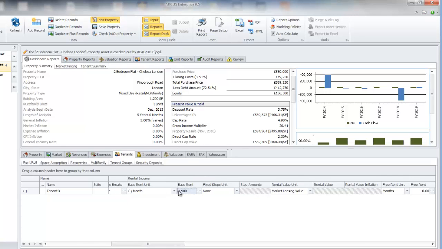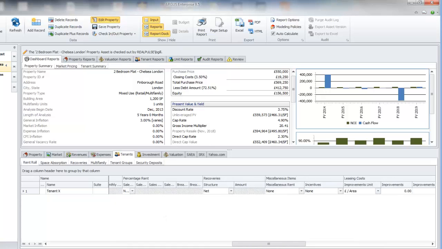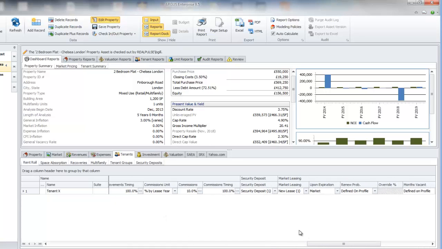I have factored in an amount of £1,900 in this instance, incorporating leasing costs, which I'm going to change in a little bit down to 5%, which you can calculate based on percentages or fixed dollar amounts or sterling pounds amounts.